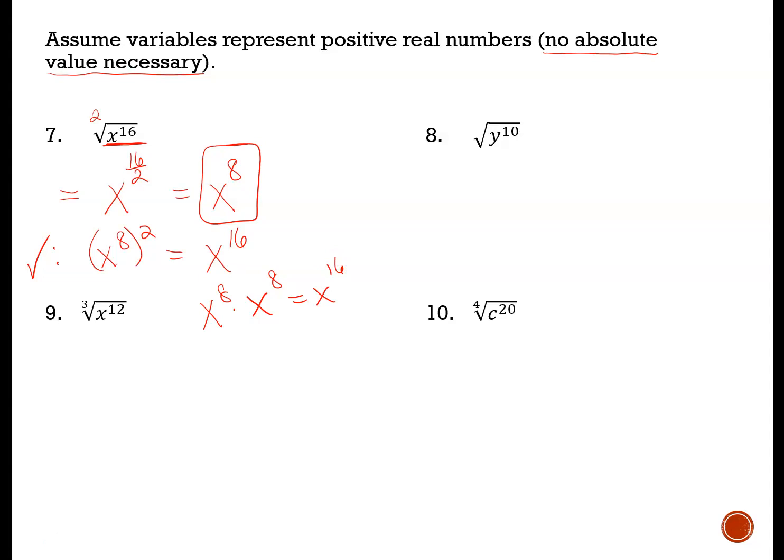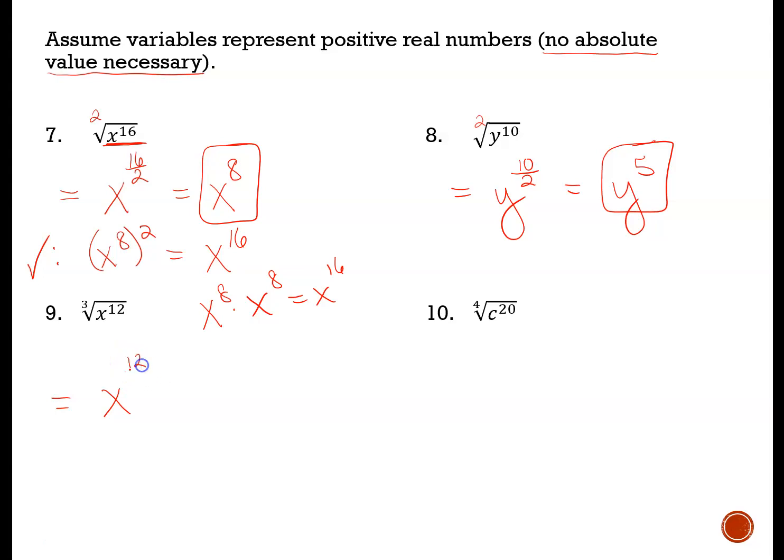Okay, so number 8 is also a square root, so an invisible 2. Then all I have to do is take my exponent divided by my index. So my answer is just y to the 5th. Number 9 is a cube root. I'm still going to take my exponent divided by my index.